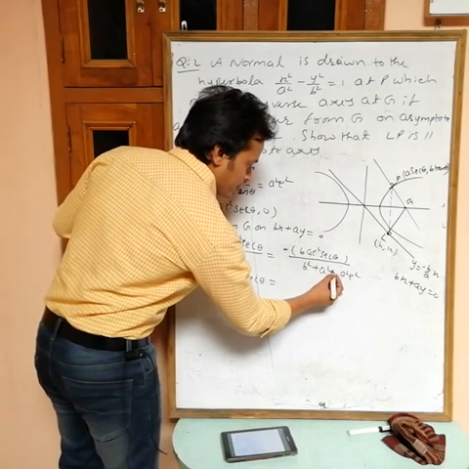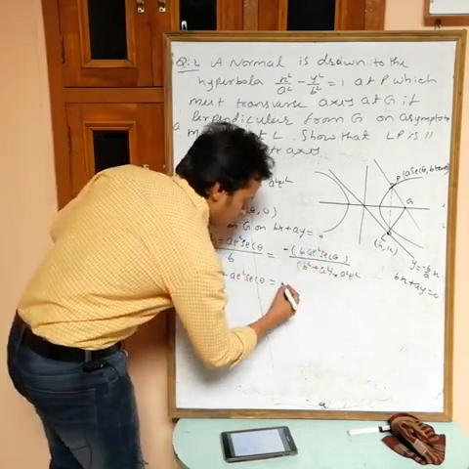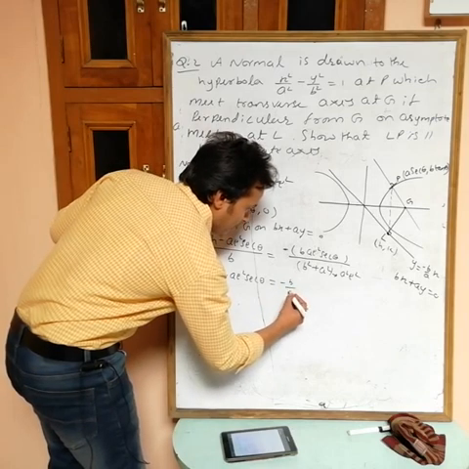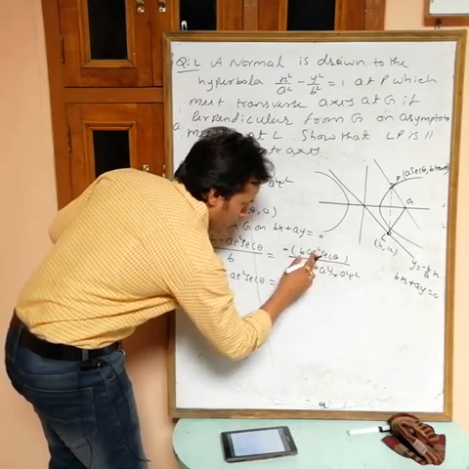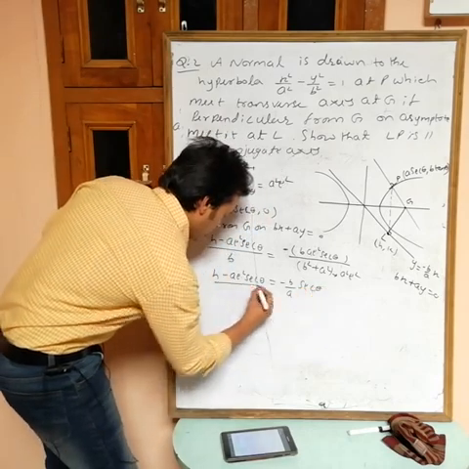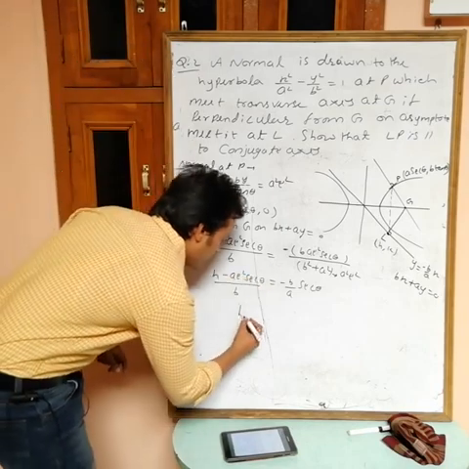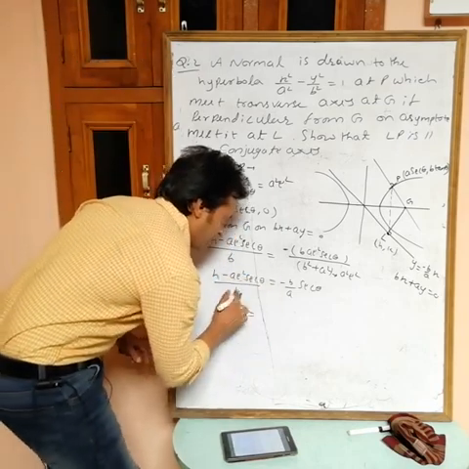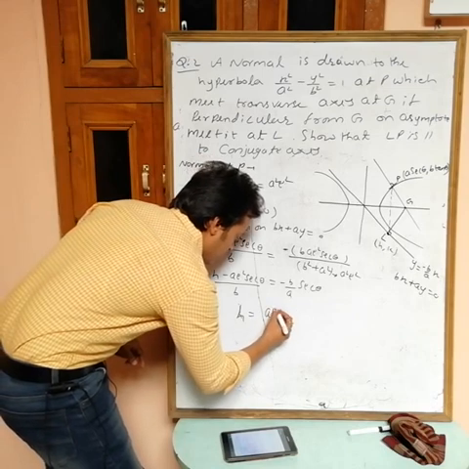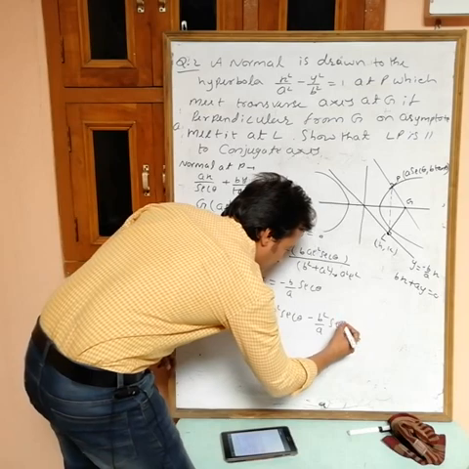Then e square cancels out, a cancels out, minus b by a sec theta, and in the denominator we have b. Multiply b at the side, then you will get h equals to a e square sec theta minus b square by a sec theta.